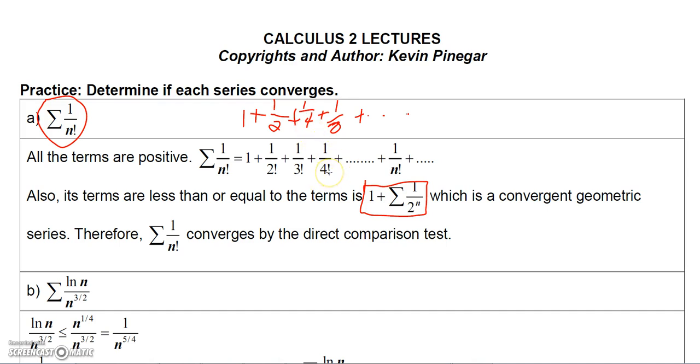This is 1/24, and 1/24 is less than or equal to 1/8. So all the terms in my given series are less than or equal to the terms in this convergent geometric series, and so by the direct comparison test, this series must converge.